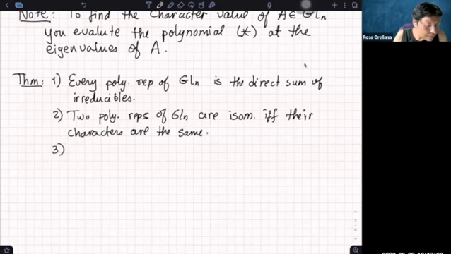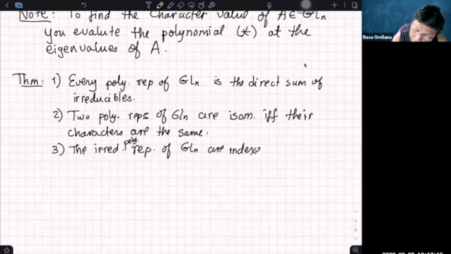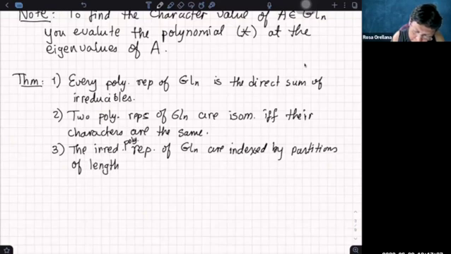Three: the irreducible polynomial representations of GLn are indexed by partitions of any number, but of length less than or equal to n, so they have at most n parts.